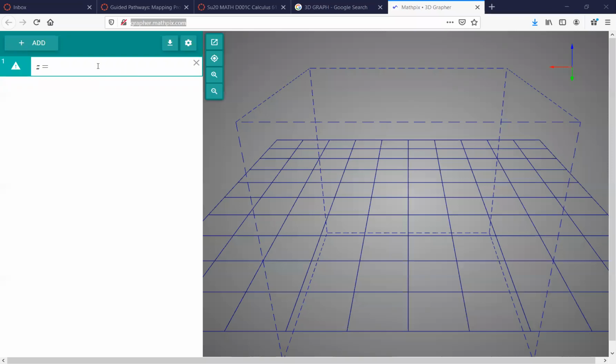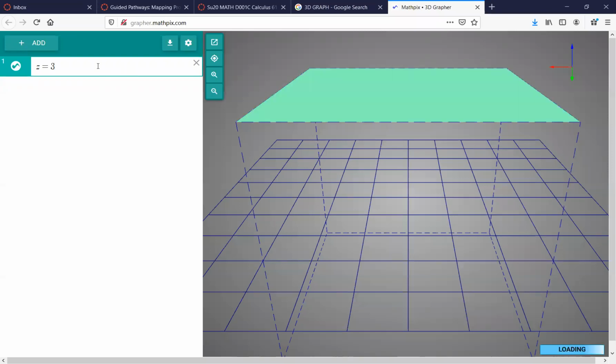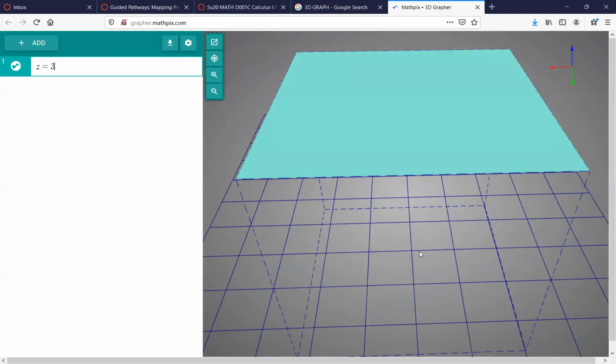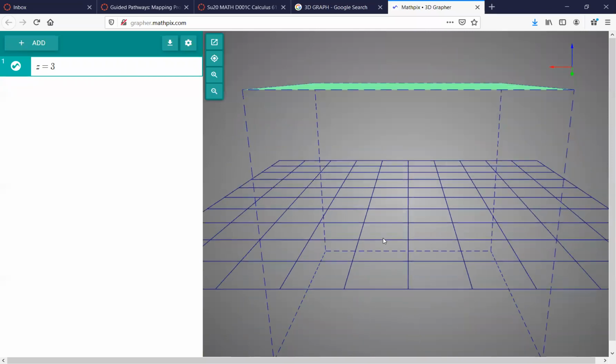For example, you want to graph z equals 3. As you can see, here you have a plane, just a plane, parallel to xy.